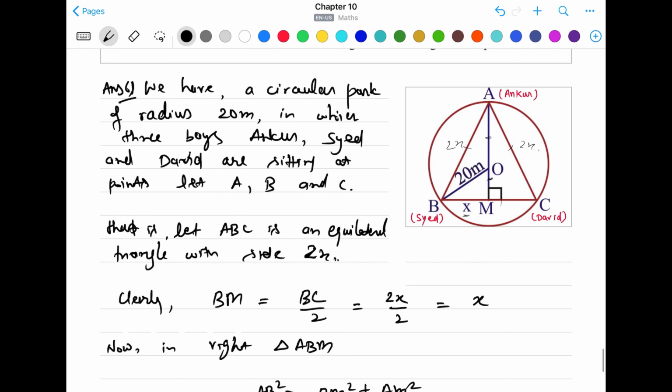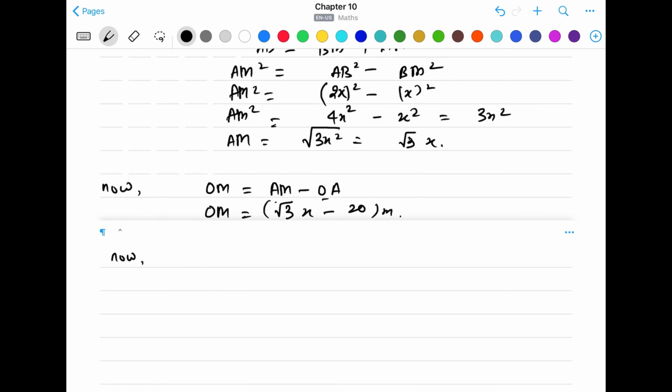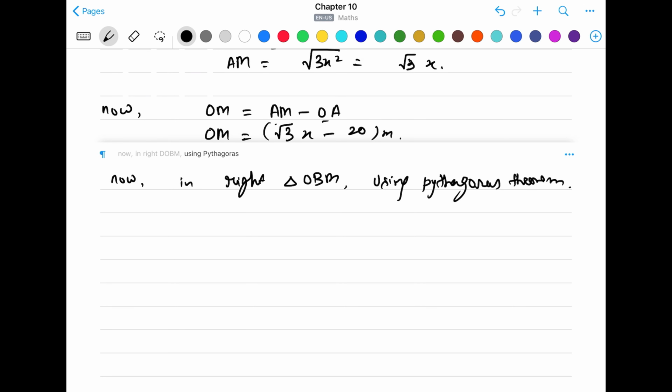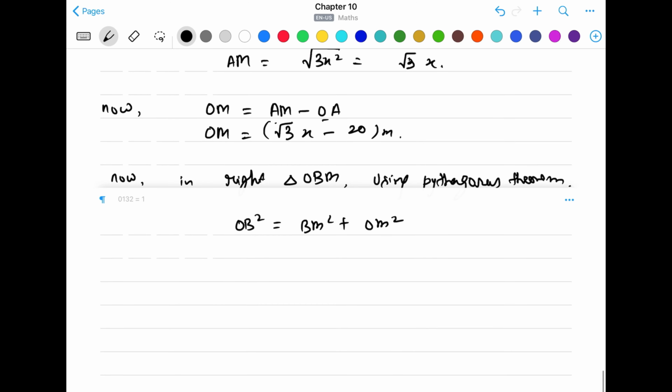Now we again apply the Pythagoras theorem in this smaller triangle, in right triangle OBM. What we get is that OB square will be equal to BM square plus OM square.